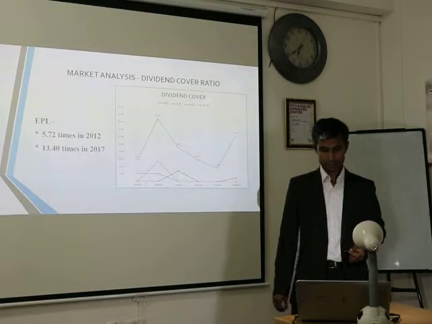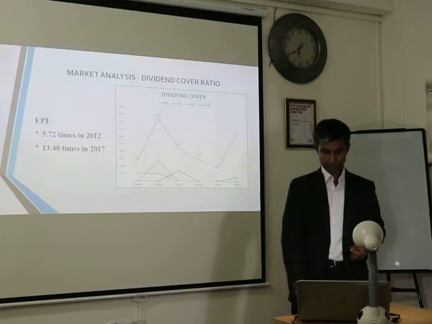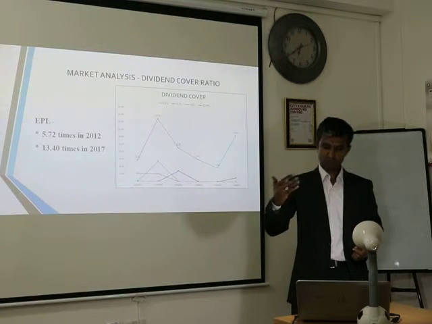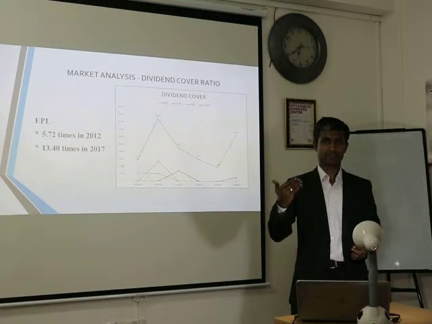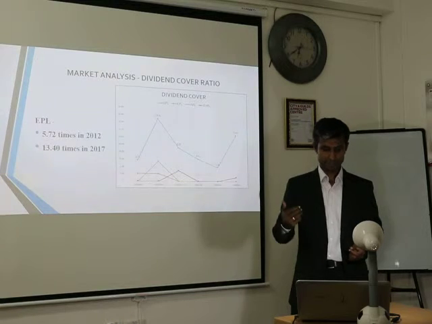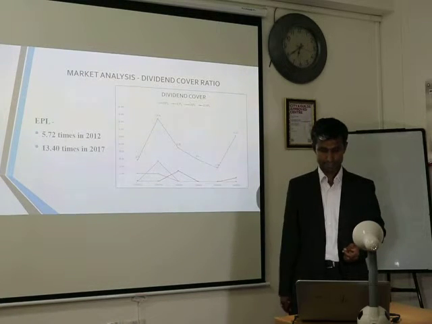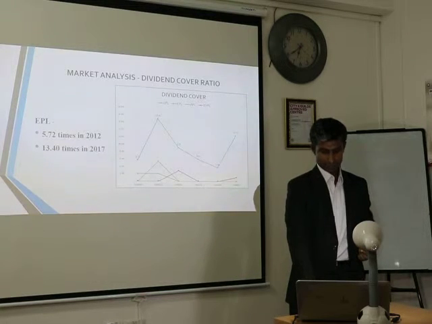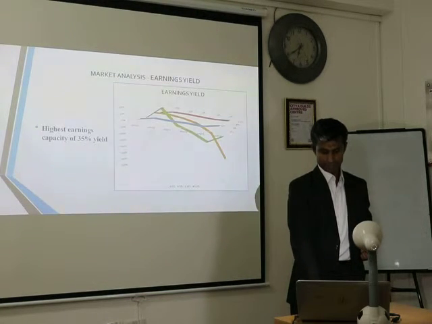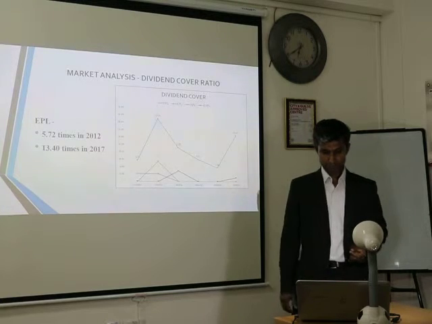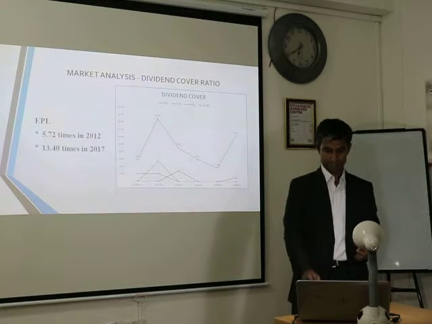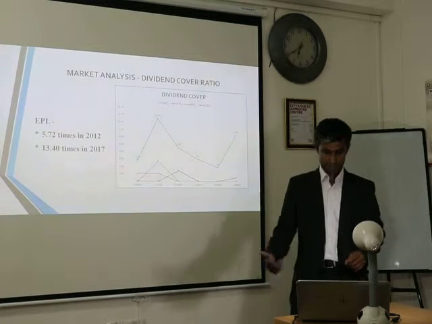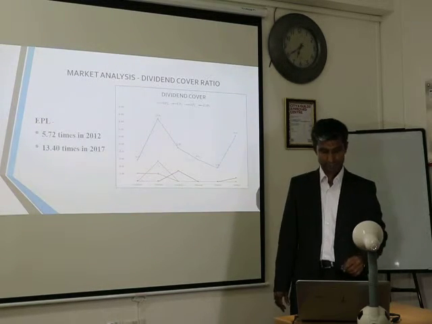So when it comes to the dividend cover ratio, this is one of the market analysis ratios. The market analysis means how the market gives value to the company. It is a very good analytical area, and especially for investors, a very important area. When it comes to Equity Plantations, how have they managed the dividend payments, how many times the dividend is covered by the profitability?